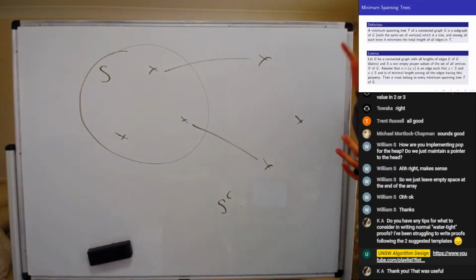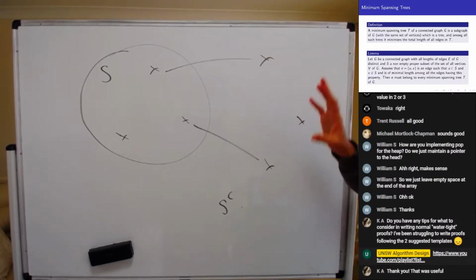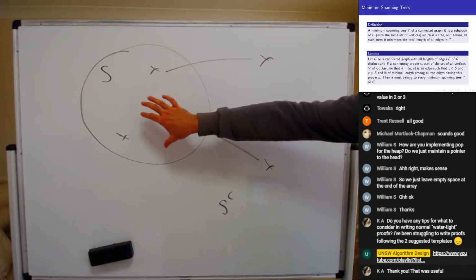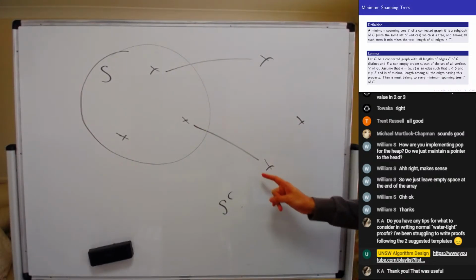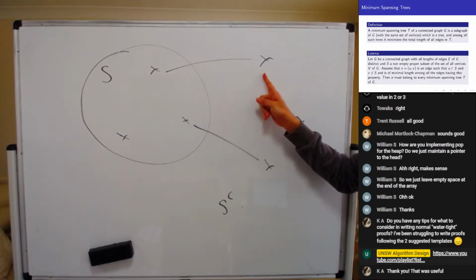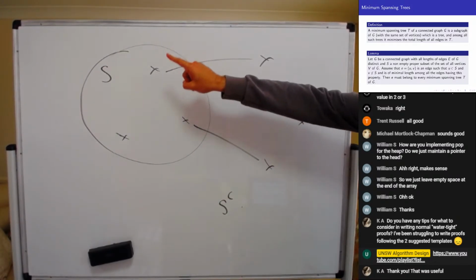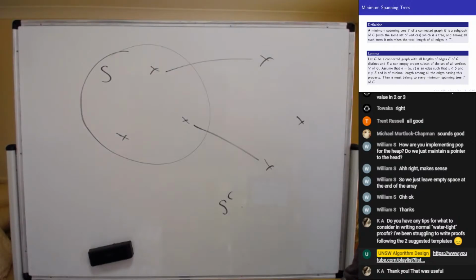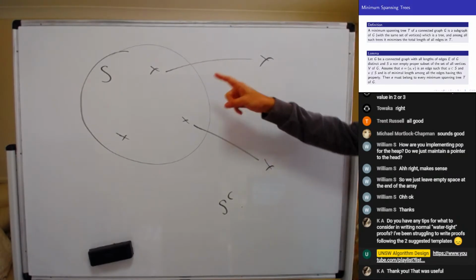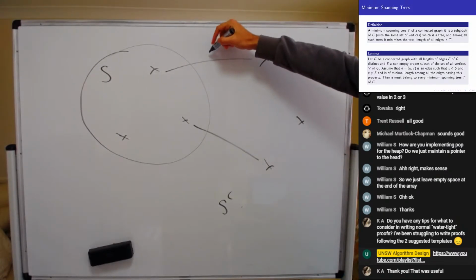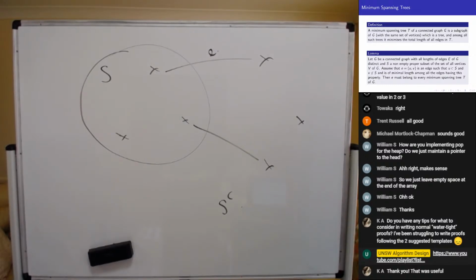Okay, so I've got this kind of setup. I designate some particular subset of the vertices, and the rest of the vertices will be in S complement. Then, of all the edges crossing this frontier, that is between S and not S, in the case where all edge weights in the graph are distinct, then the cheapest of these edges, say E, must belong to every single minimum spanning tree of the graph.